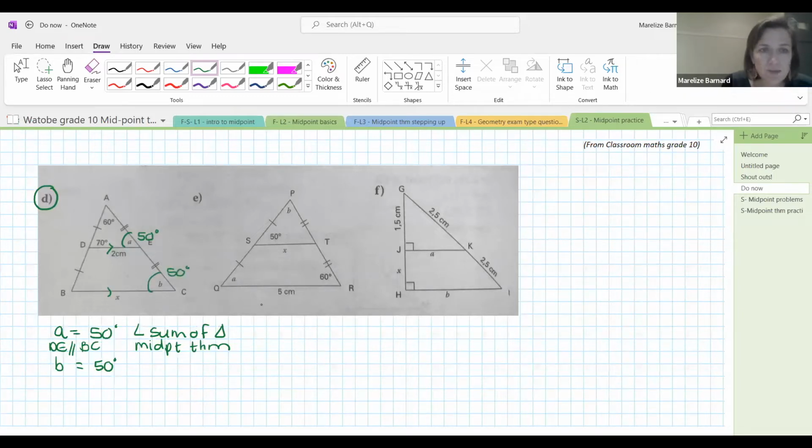So B is 50, corresponding angles, DE parallel to BC. Nice, Boitomelo. That's exactly it. You take the words out of my mouth.